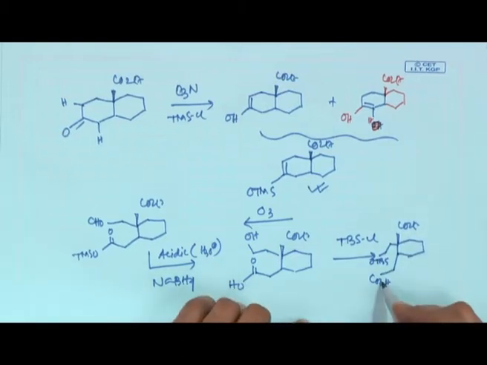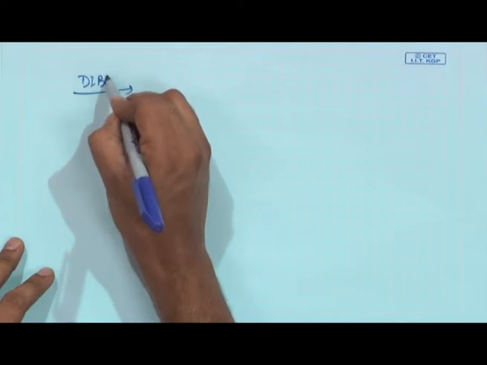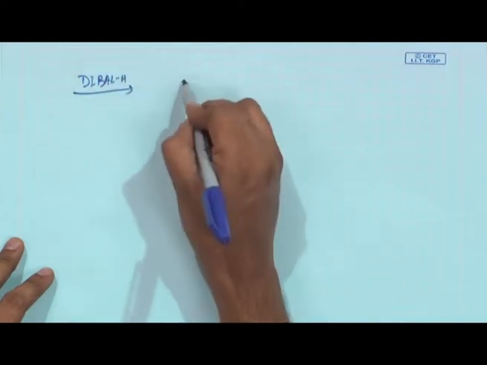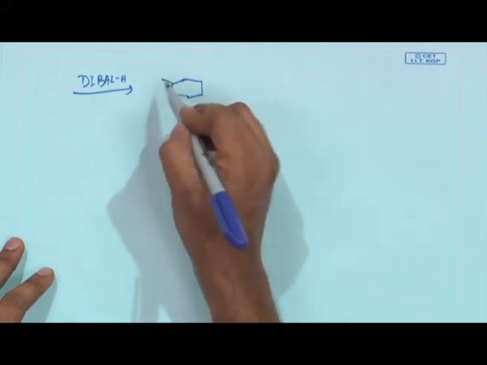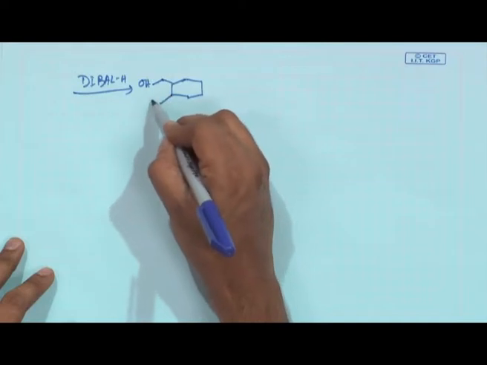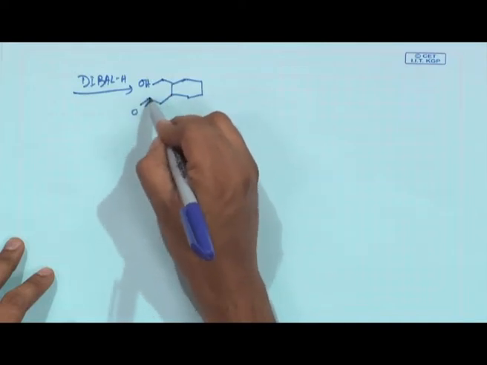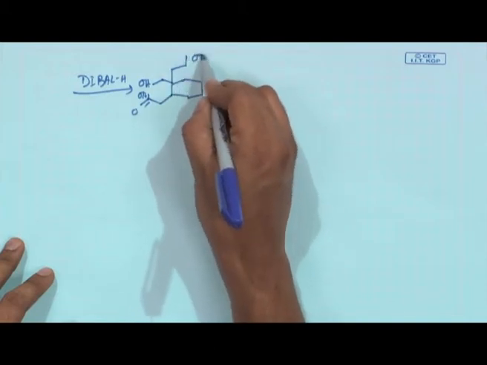Now, you need to do a ring formation reaction to make this lactone. To make this lactone, you now react with DIBAL. So, DIBAL basically reduces the corresponding ester to its alcohol, and then this is basically your protected compound.